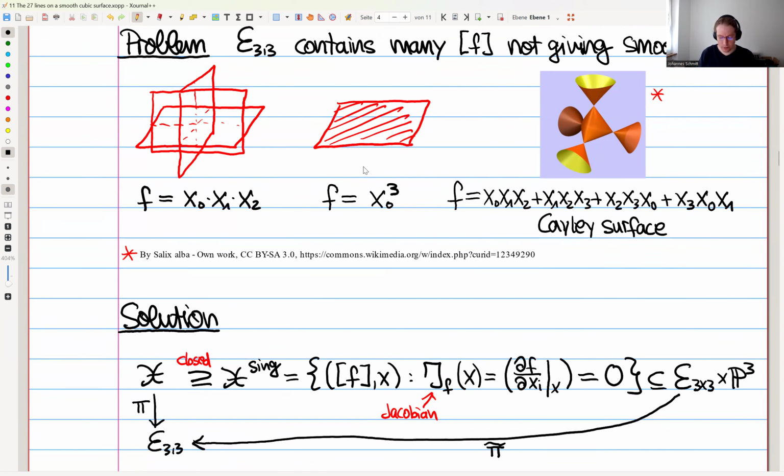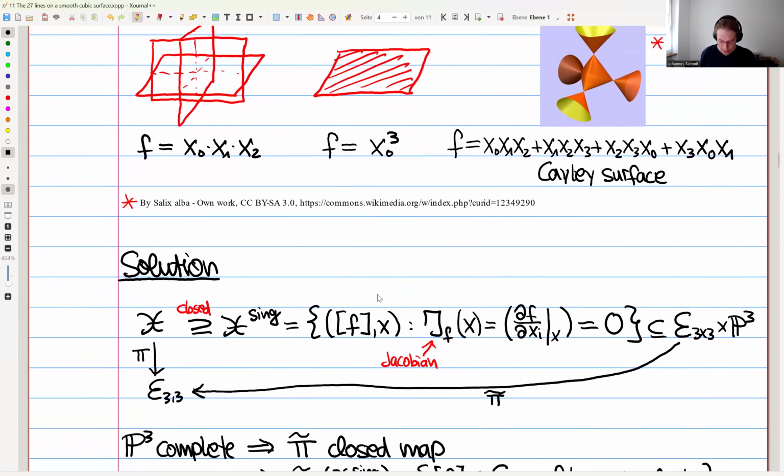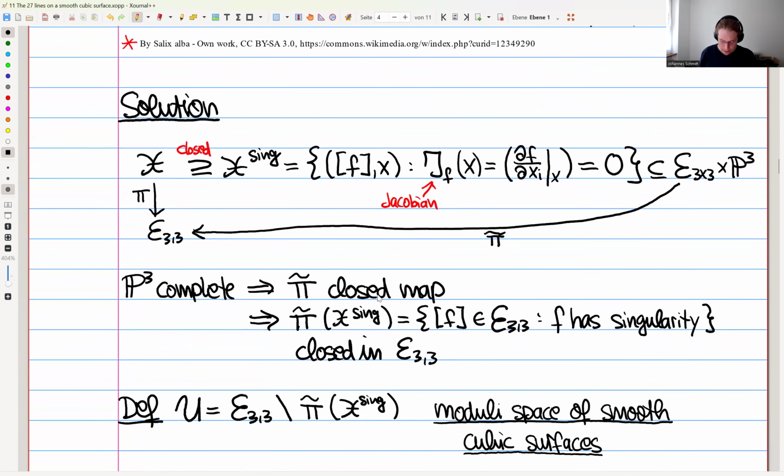So we're in good luck that this equation of the Jacobian vanishing also excludes this, which is called a triple plane, for example, some locus where the equation cutting this out is not reduced. The good thing is this locus that we want to exclude is closed inside here.